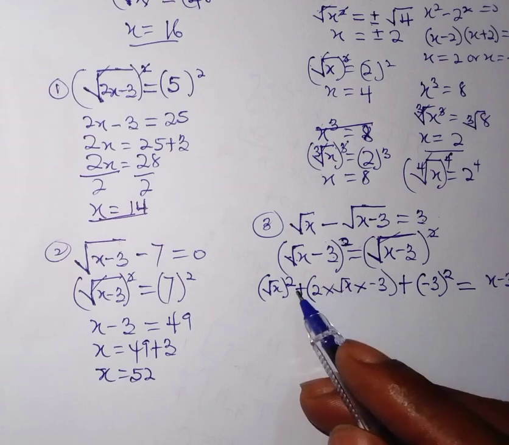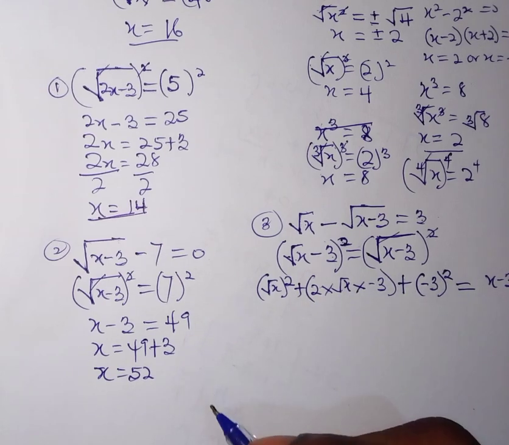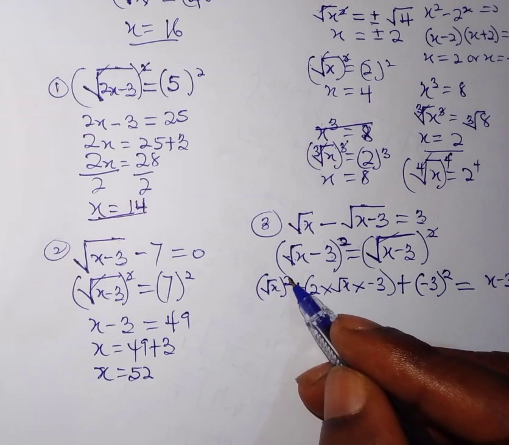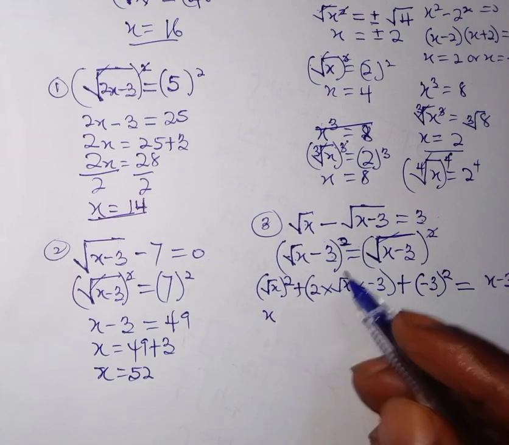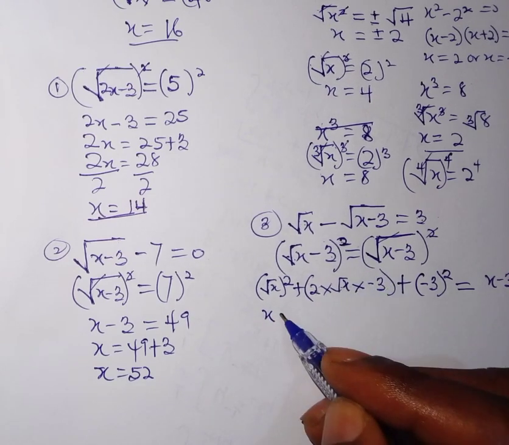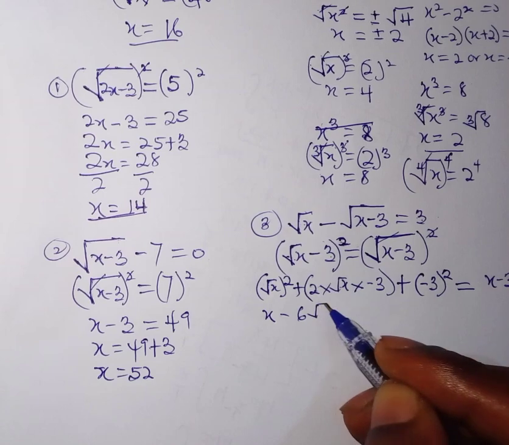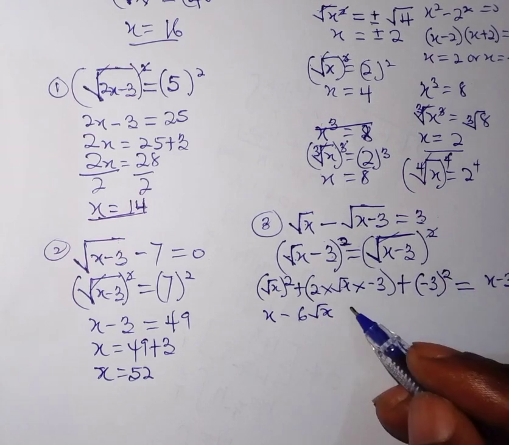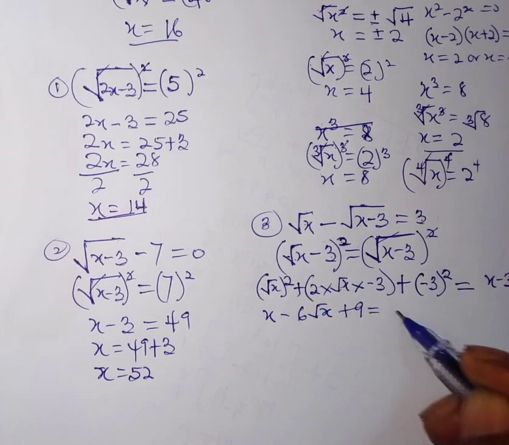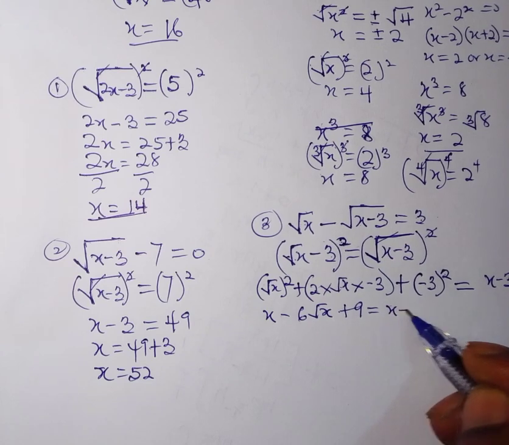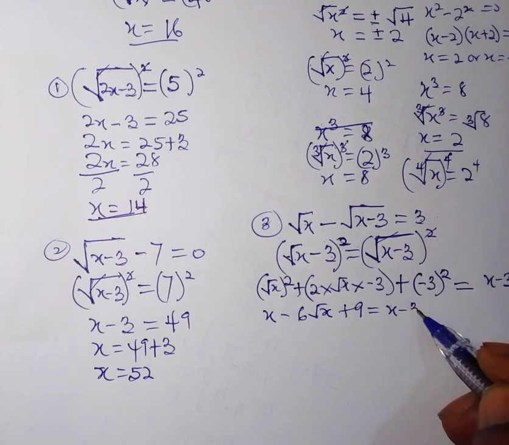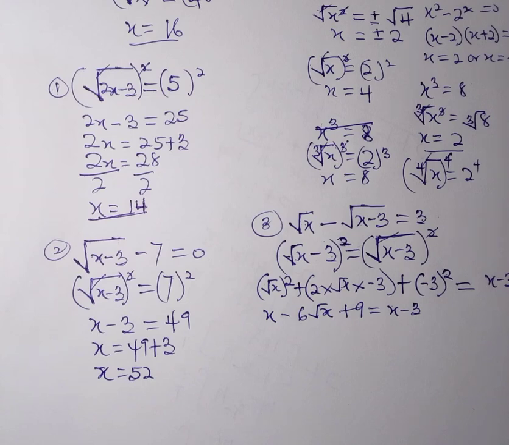Okay, good. So this is what we have here now. Now if you square this, you are getting x. If you multiply this by this, then you are getting -6 root x. Then if you square this, you are getting 9, which is equal to x minus 3. Have you gotten that?